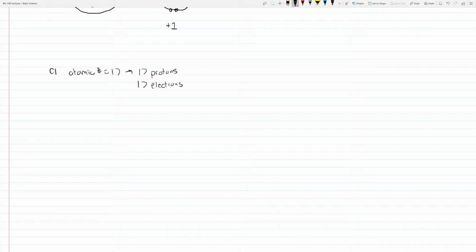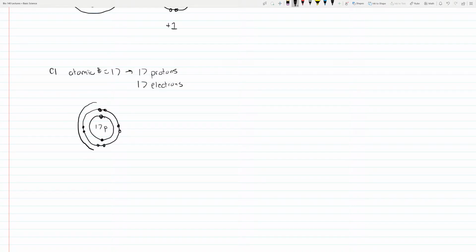So let's draw this out. We've got 17p, which means that we have to have 17 electrons floating around. We have 1, 2 in the first shell, and 8 in the second shell: 1, 2, 3, 4, 5, 6, 7, 8. Now we've got a total of 10, so we have to add 7 more electrons.